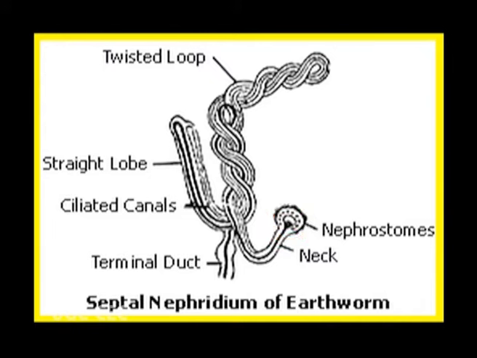It is the coiled and main part of the septal nephridium, and it can be divided into a short, flattened and uncoiled straight tube and a long spirally coiled twisted loop that joins the terminal duct. Terminal duct. It is a short wide tube and is the posterior continuation of the proximal limb of the twisted loop. It attaches the septal nephridium to the septal excretory duct.